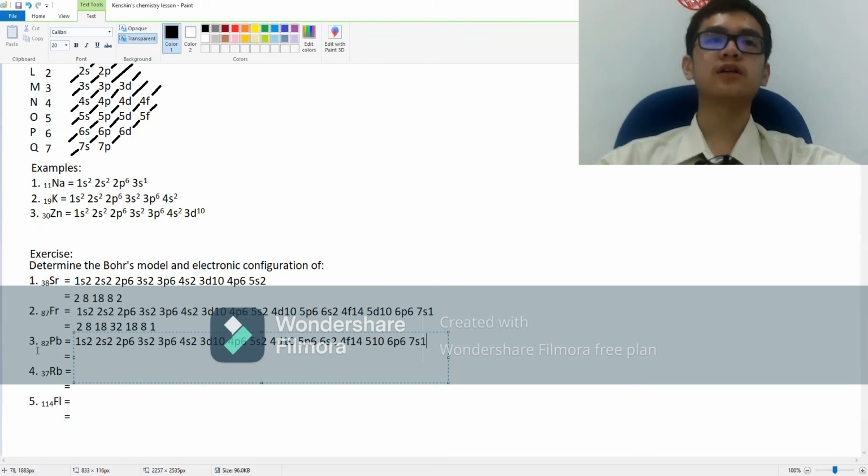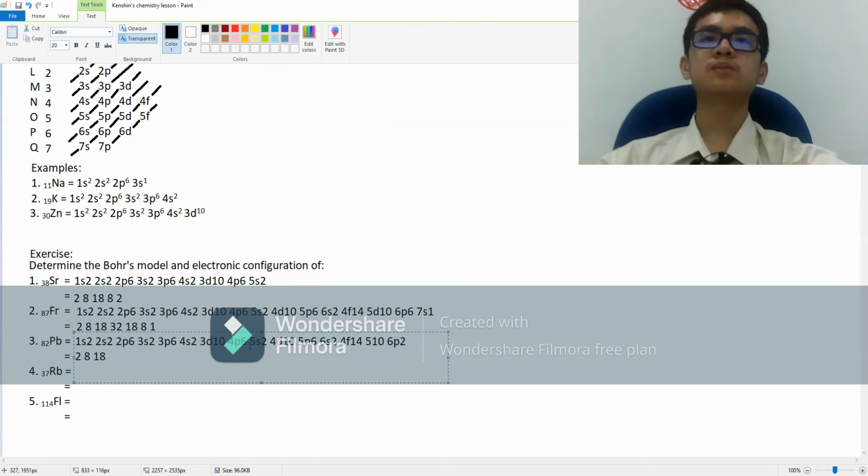Now we want to go for 82. So you minus 5. This is minus 1. Then you take 4 more from 6p6, making it 6p2. Now let's count up the shells. First shell has 2. Second shell has 2 plus 6 is 8. Third shell has 18.